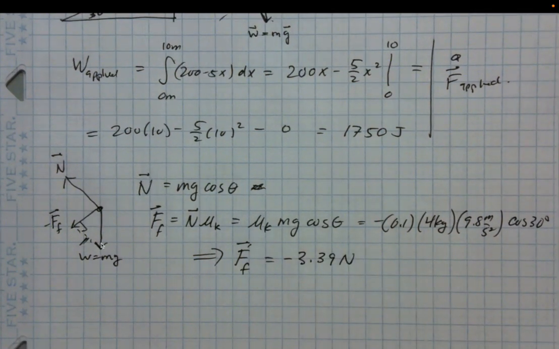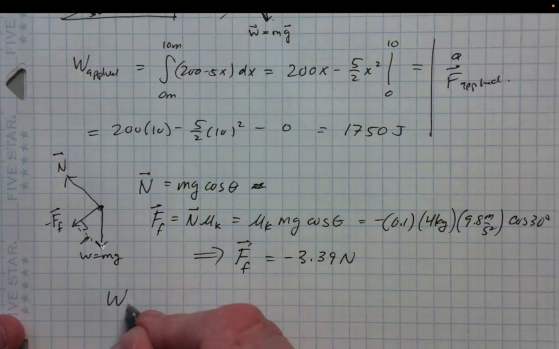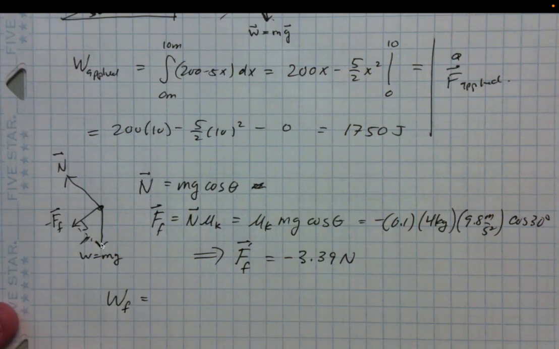Not a very strong friction force. Remember, the applied force did 1,750 joules of work, so this isn't going to get us even close to that. So this is negative 3.39 newtons. What's the work done by friction?